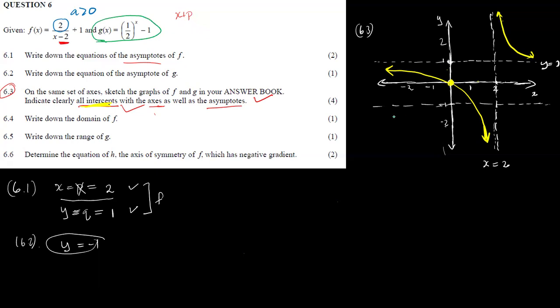The asymptote is -1. y is equal to -1, right? The asymptote is -1. And again, look at the value of b. The value of b is between 1 and 0. 1 over 2 is the same as 0.5. So the value of b is between here. It's between 0 and 1.